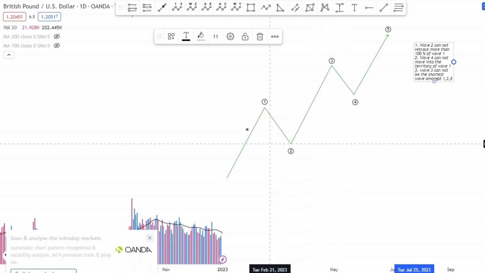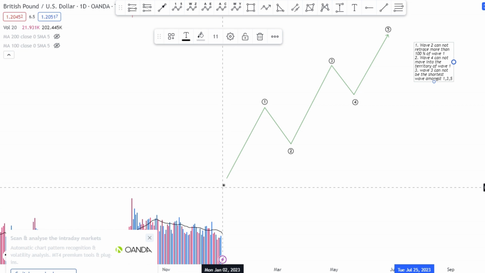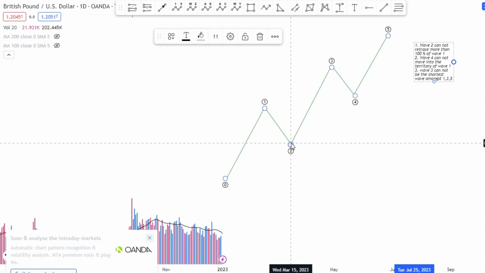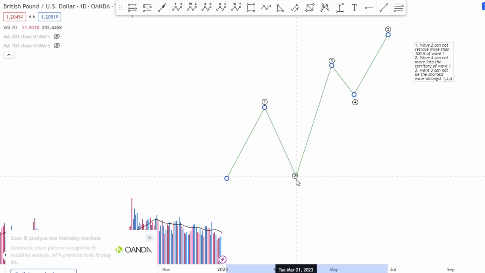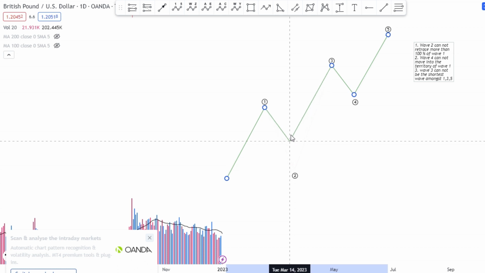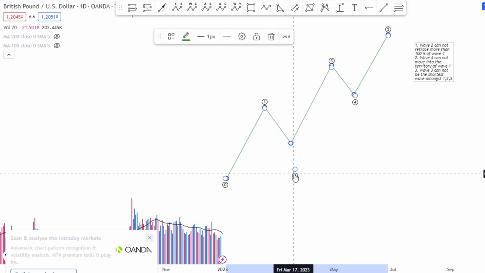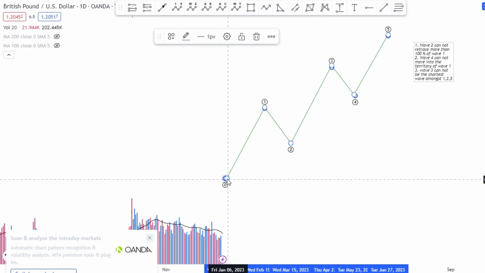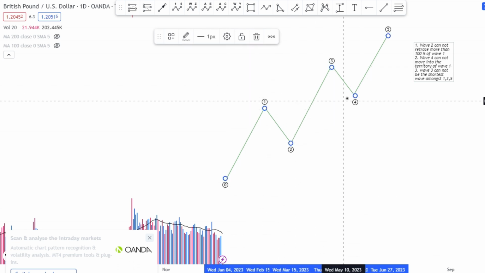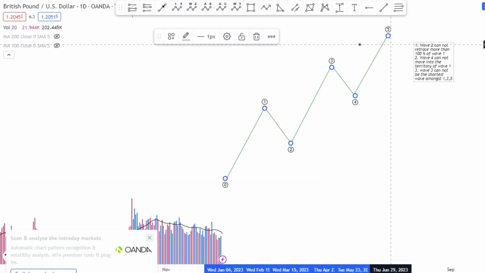So what happens in this scenario? If wave 2 moves more than 100%, as I'm showing right here, then we consider that wave invalid. If wave 3 becomes the shortest wave among these waves, the Elliott wave is invalid.